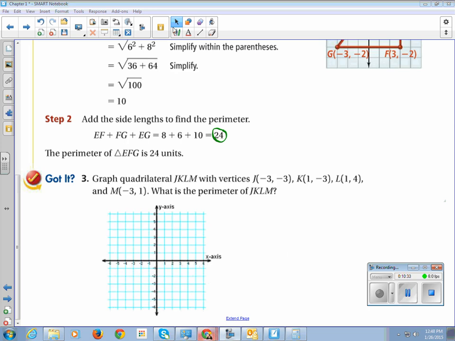Alright, so here's my graph paper. I'm going to plot my points. I'm going to make J blue, so he's at -3, -3. I'm going to make K green, and he's at 1, -3.